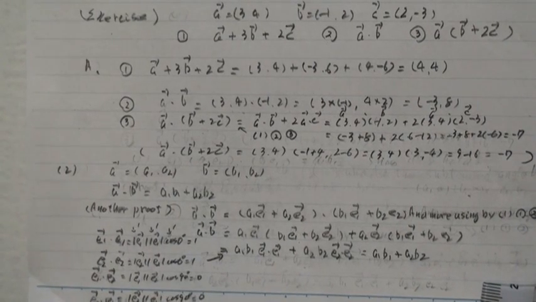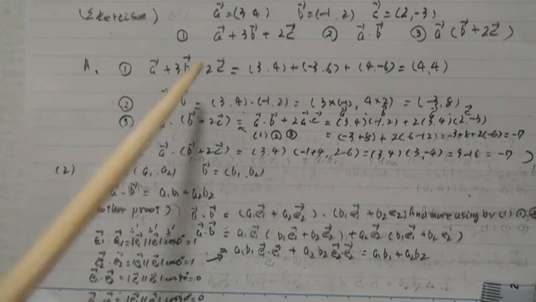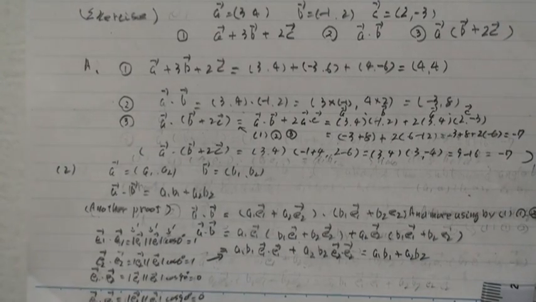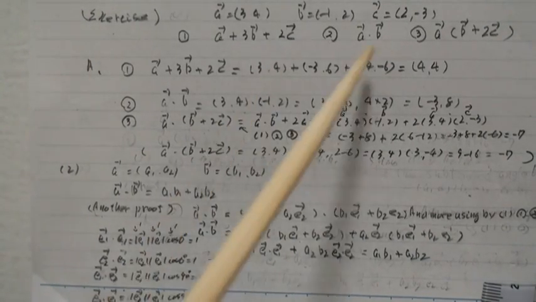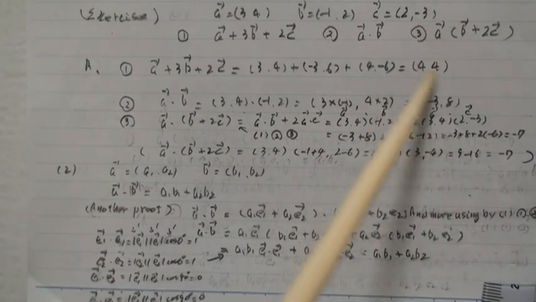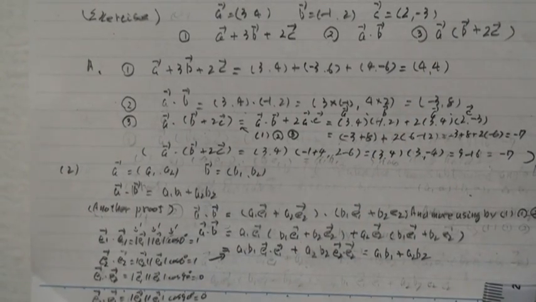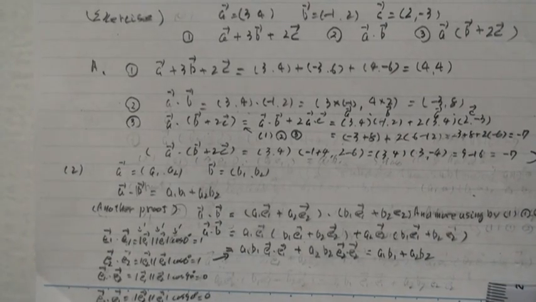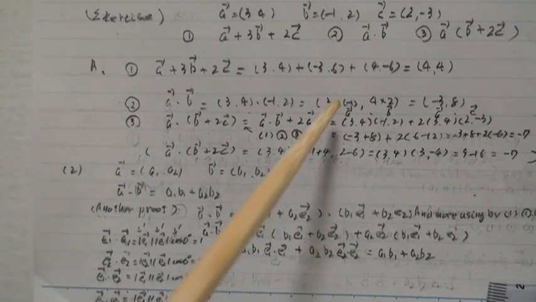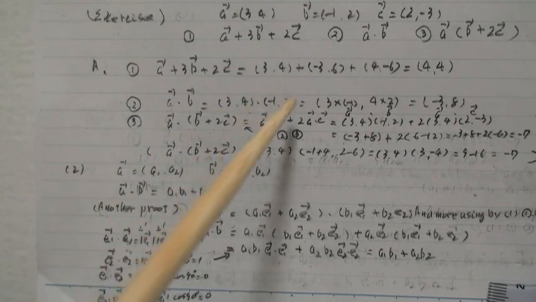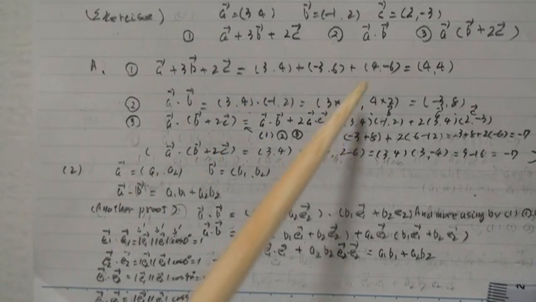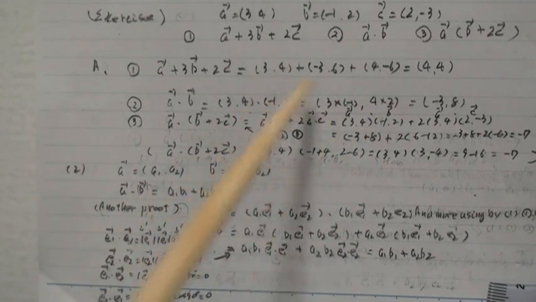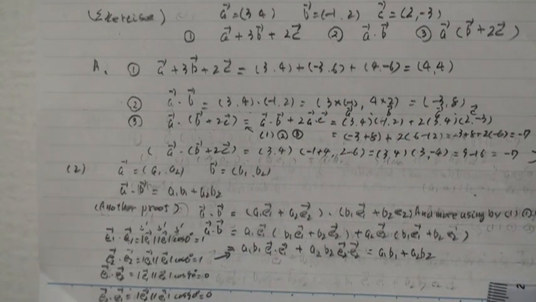And step 1: A plus 3B plus 2C equals this, and this is. And step 2: A·B equals, this inner product equals 3 times minus 1 and 4 times 2. Then this is.